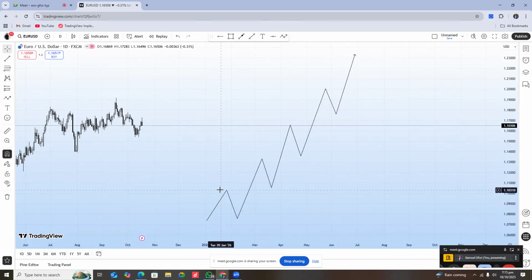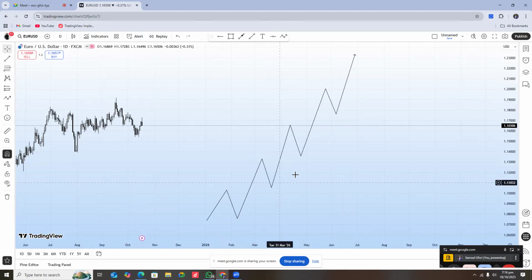And then we have got to understand that this level here is called higher high, and this is higher low. This is higher high, this is higher low, higher high, higher low, higher high, higher low. So you see, if you get it from here, and when you translate it to the market, it becomes easy.